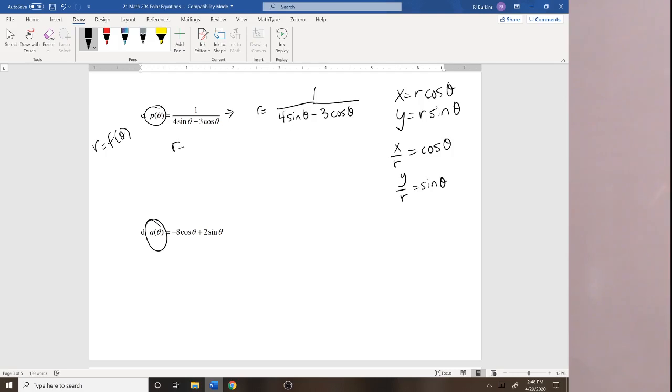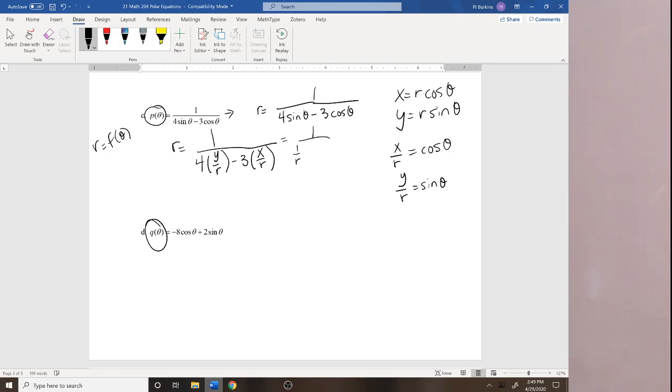So I now have r equals 1 over 4 times y over r minus 3 times x over r. And now it's just a matter of doing some algebra. So I'm going to factor out the r's.